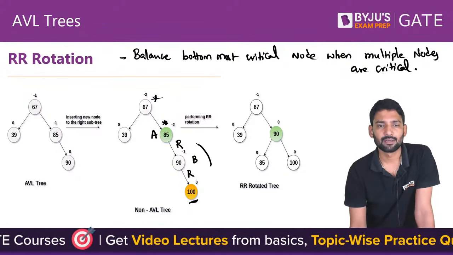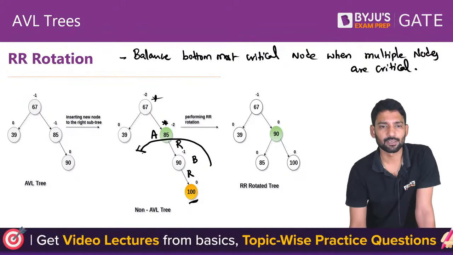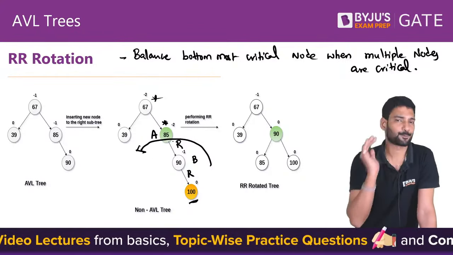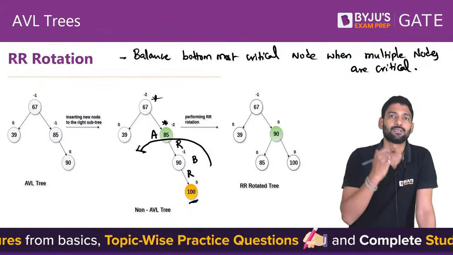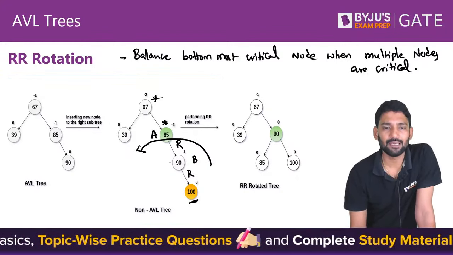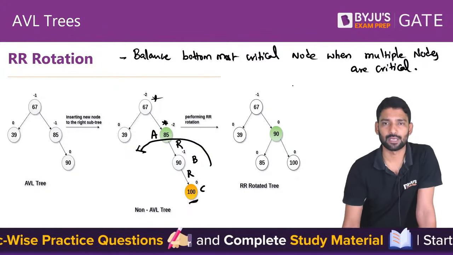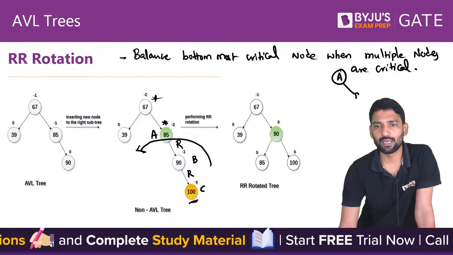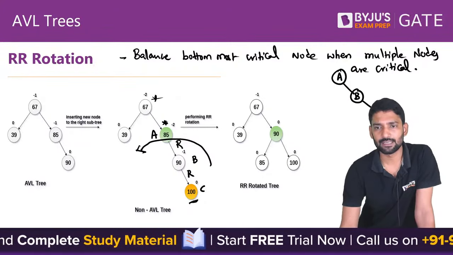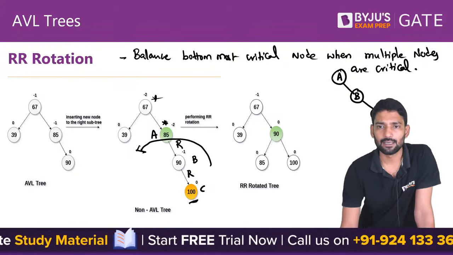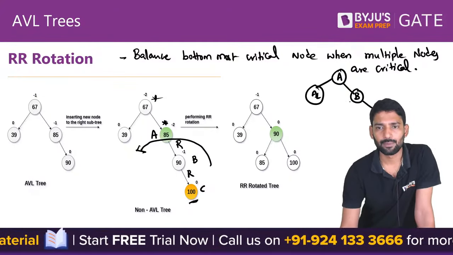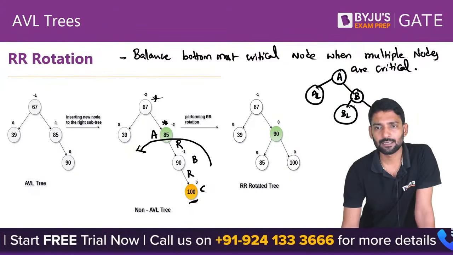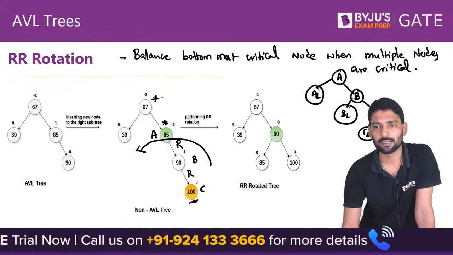That means though it is RR rotation, we will represent it with a left arrow. So when you take A, B, C: to A there is B, to B there is right side C. A has some left part, B has some left part, C has its left subtree and right subtree.